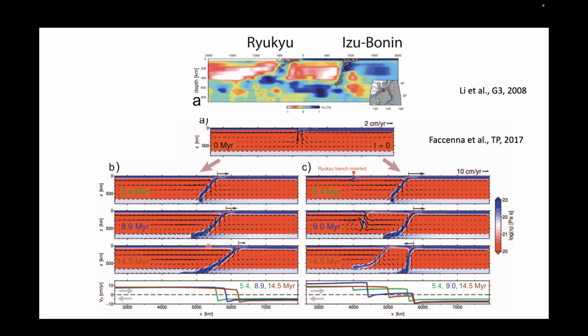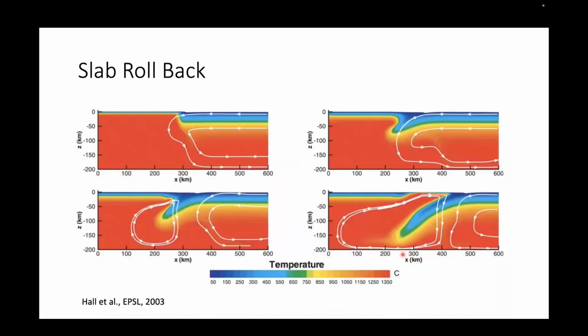If the overriding plate is a normal oceanic lithosphere, the strength is too strong. The amount of stress is not enough to generate the back-arc spreading. So usually we need to have some initial weakness in the overriding plate, and this will allow it to have the back-arc spreading.